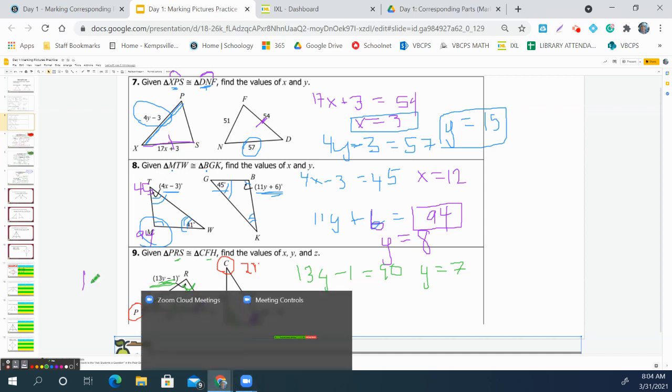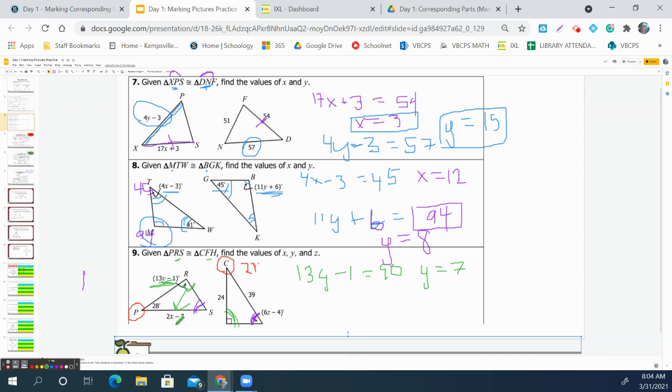If r is opposite that 2x minus 7, right? Can I go opposite this right angle to the 39? Should these guys equal? The 2x minus 7 and the 39? If small is across from small and large is across from large, and these are congruent triangles, then opposite the r and opposite the right angle over here, those should be equal.